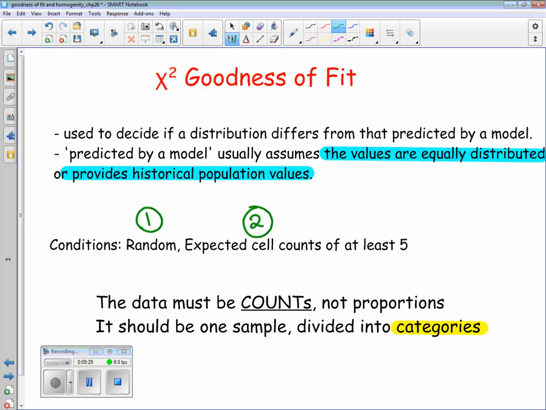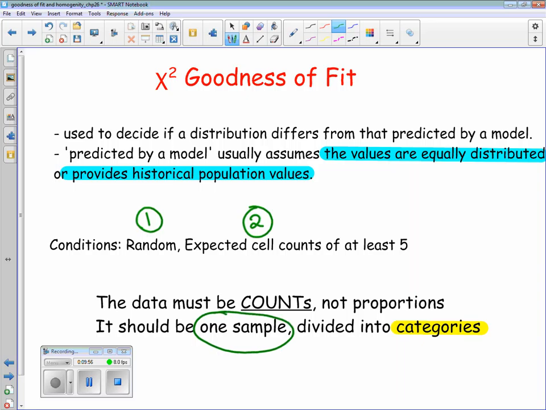Bonus, okay? That's awesome. Important thing is that the data must be counts, okay? You have to have the number of people in each category, or the number of things in each category. The data is counts, not percentages, not proportions. In a goodness of fit test, we have 1 sample. That's very important.